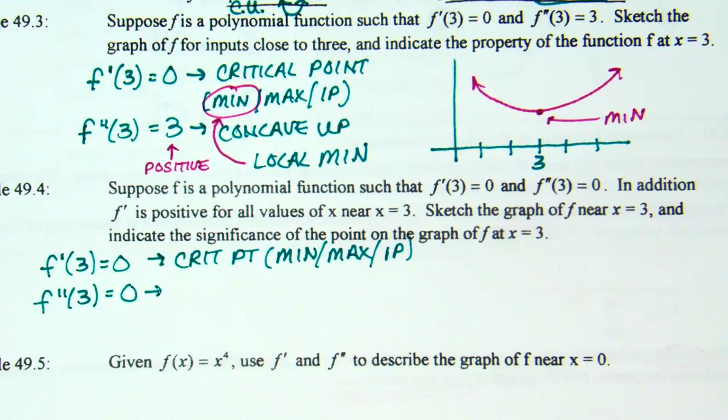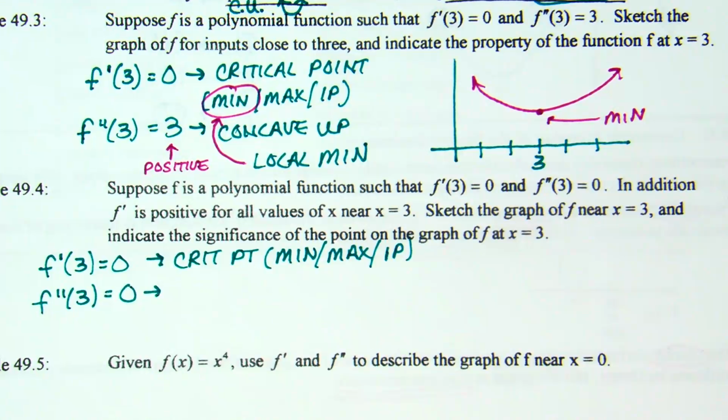Second derivative also equals 0. What's that tell me? Yeah, we're talking inflection point here, since it is the second derivative equals 0.